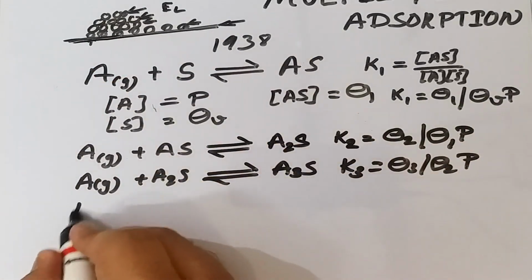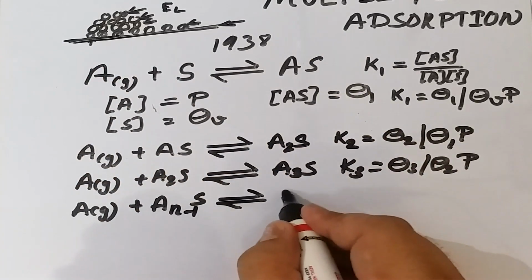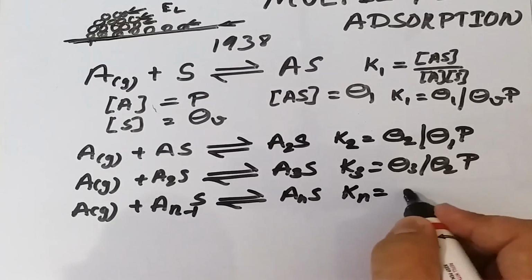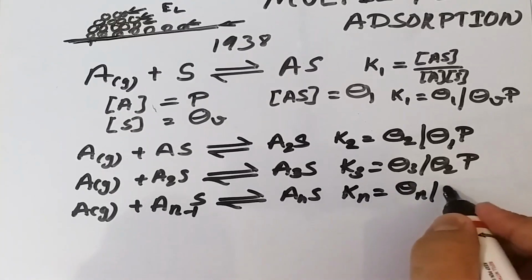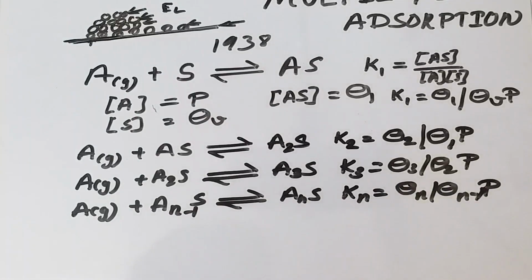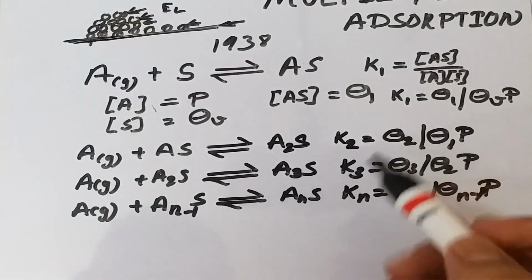And similarly for the nth layer, I will have ANS, and that will be equal to Kn, which I can write as theta n upon theta n-1 into P. So these will be the rate equations for the successive layers after the first layer.